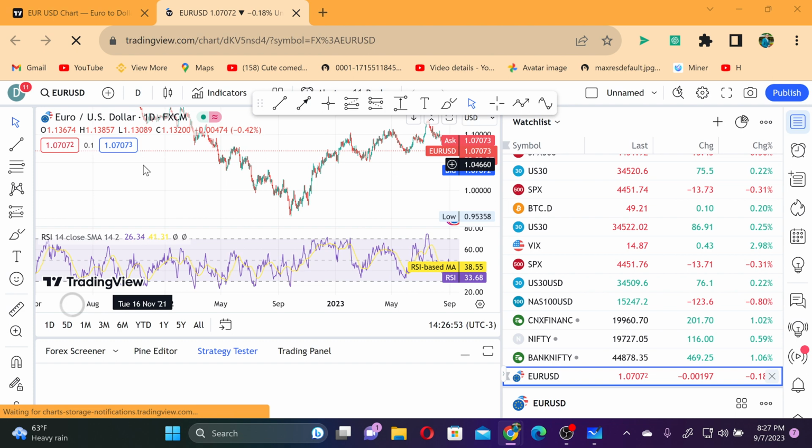The moment they crossed, we can be looking for another indicator, which is the RSI. And you can see these indicators over here were very up, which means this market was overbought around this area.